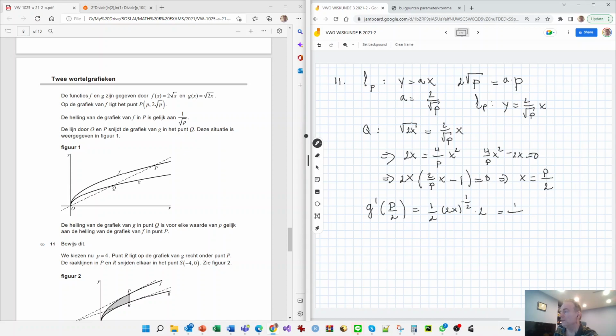So it's 1 over the square root of 2x. But I want to evaluate it at x equals p over 2. So I get 1 over the square root of p. And that was given as the slope of f at point P. So that is what they were asking.